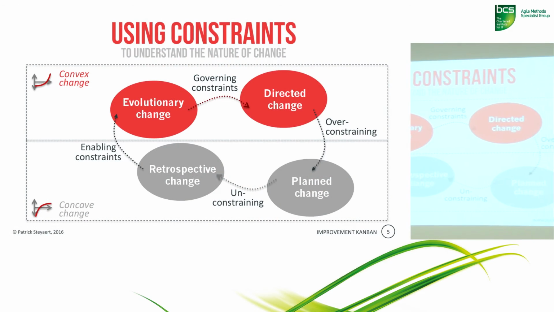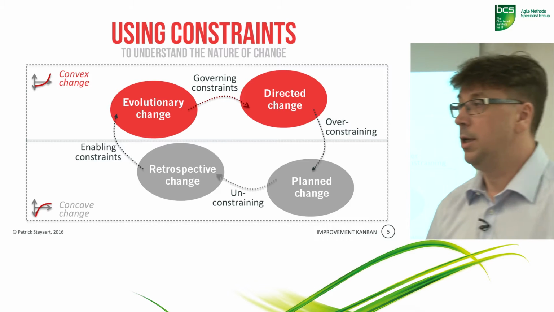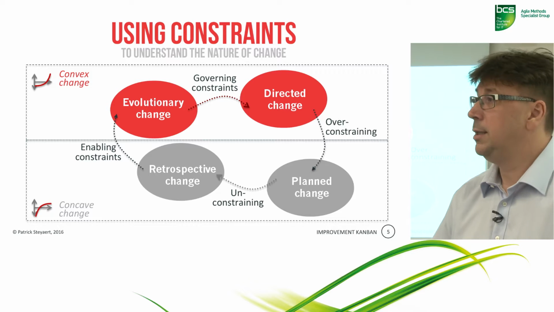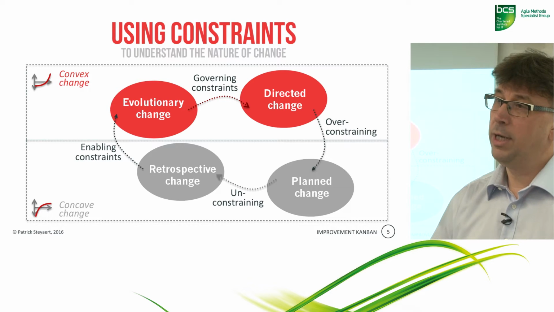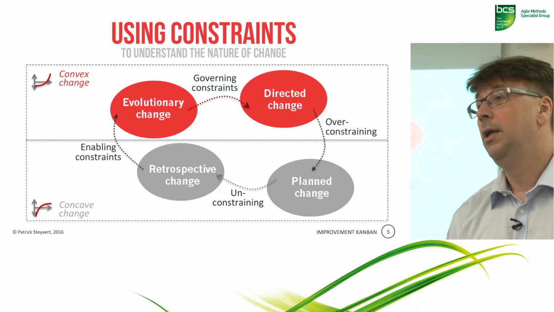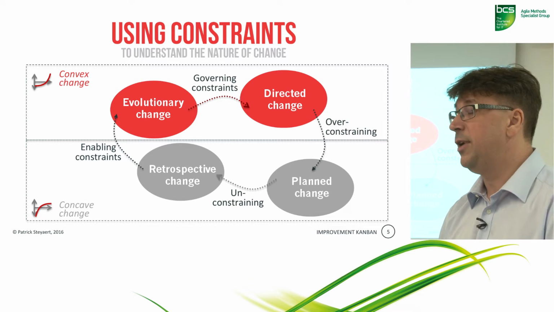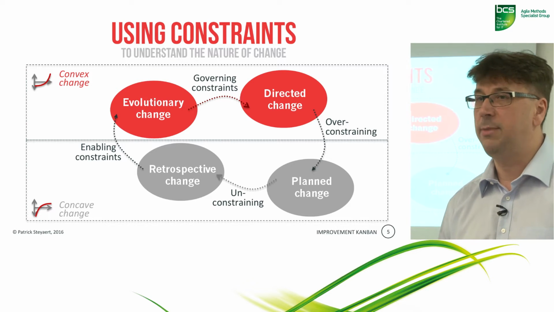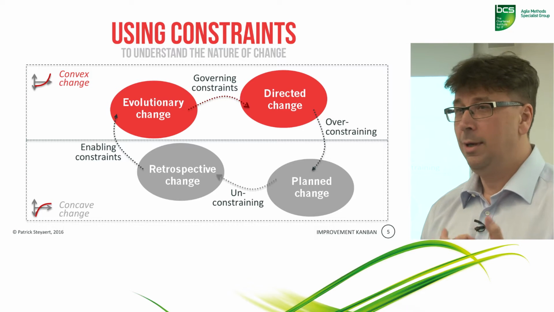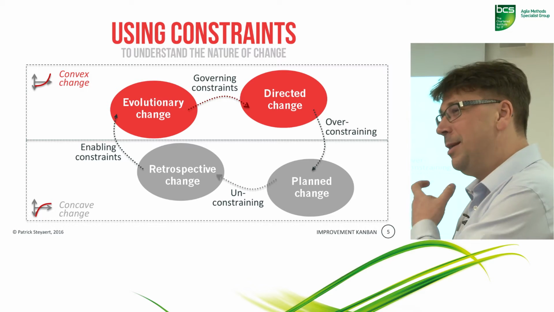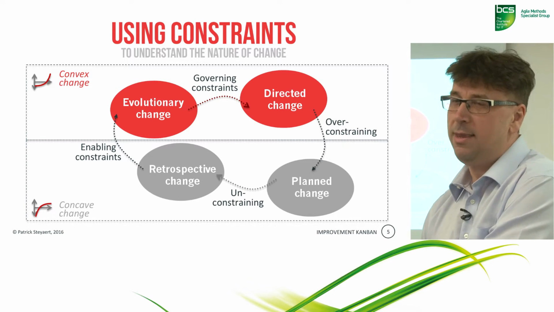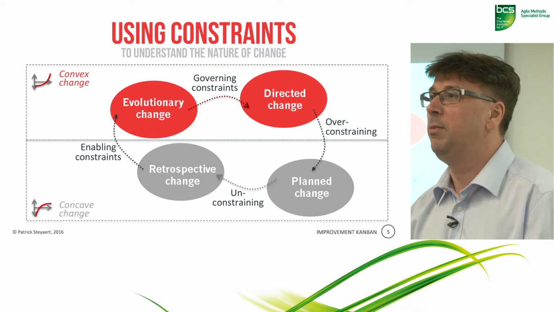So what I'll do, and this will be a large part of the presentation, is use constraints, as more recently talked about by Alicia Juarrero, to identify or to better understand different types of change. I hope the details might not be completely correct, but I think the gist of it will be correct.